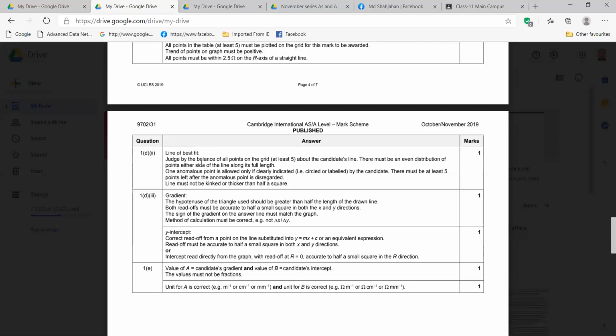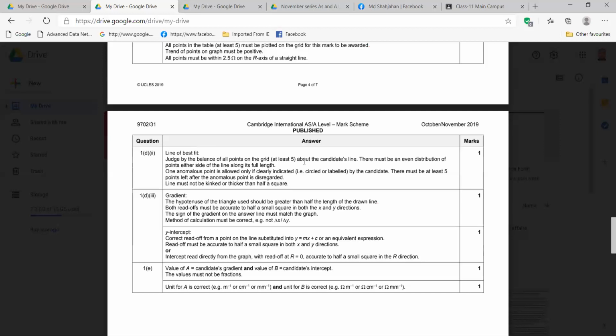You see, judged by the balance of all points. Okay, clear to you? Yes, sir. Can you zoom the page, please? Yeah. This one, judged by the balance of all points on the grid. That means you have to balance the points.